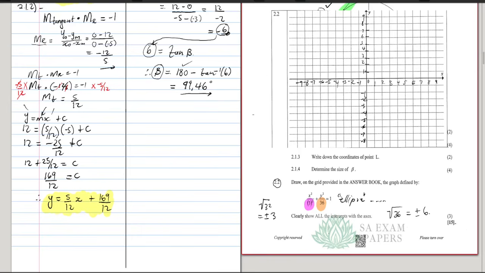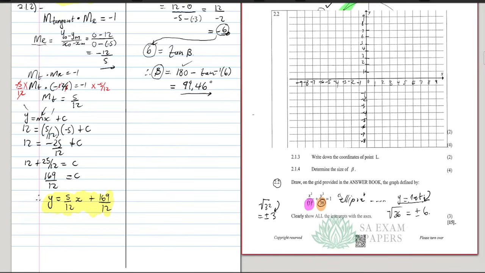Plotting an ellipse just needs an x-intercept and a y-intercept. For the x-intercept, you let y be 0 and solve. For the y-intercept, you let x be 0 and solve. But at the end, you end up with this as your y-intercept, because the 36 is the denominator of y.